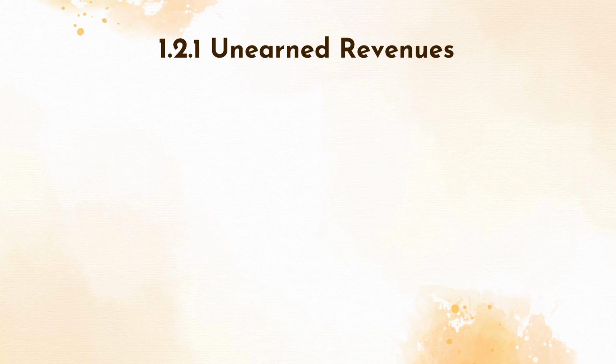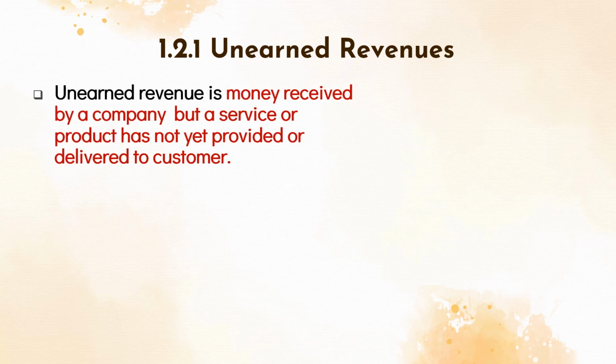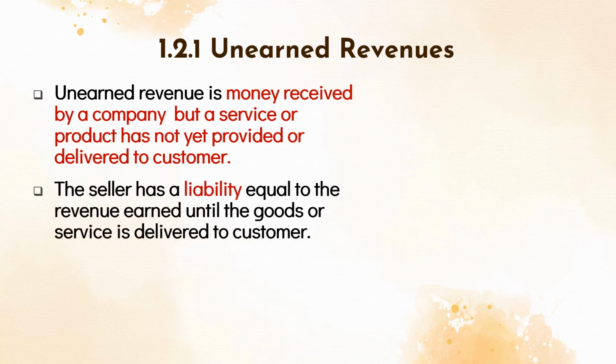Unearned revenues. Unearned revenues is money received by a company, but a service or product has not yet been provided or delivered to the customer. The seller has a liability equal to the revenue received until the goods or service is delivered to the customer.